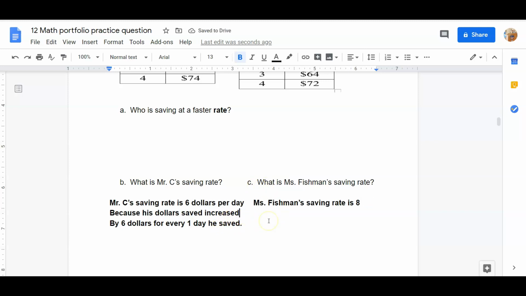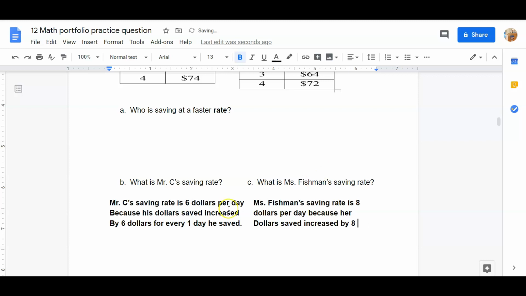So go to this line and tab, and you'll get back here. $8 per day because her dollars saved, having a bunch of problems typing today, increased by $8.